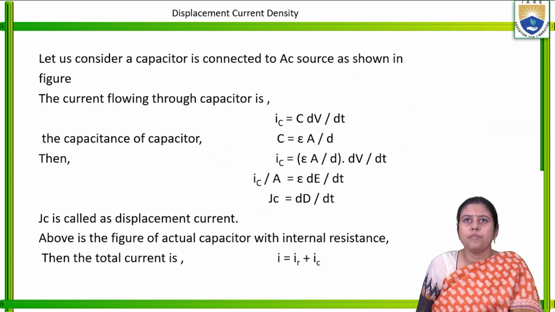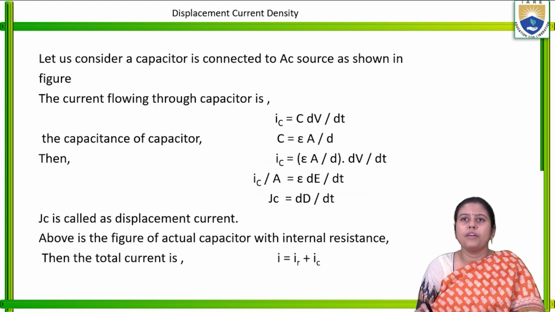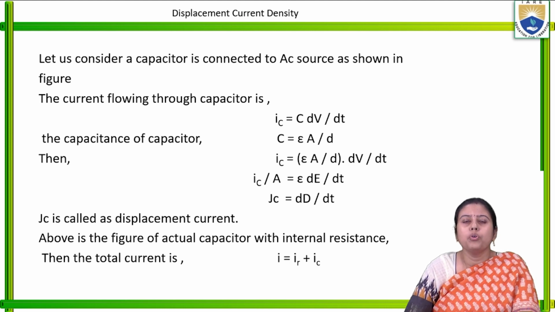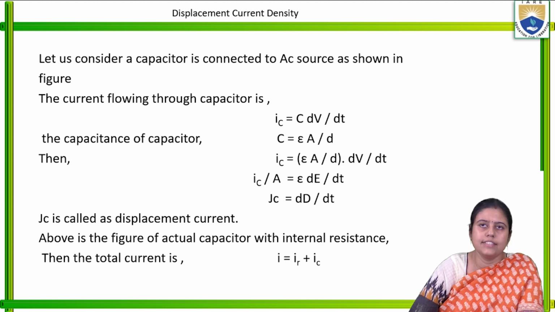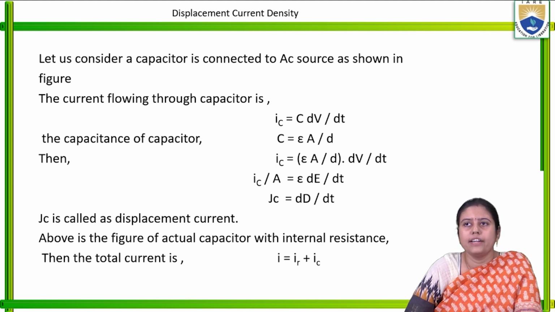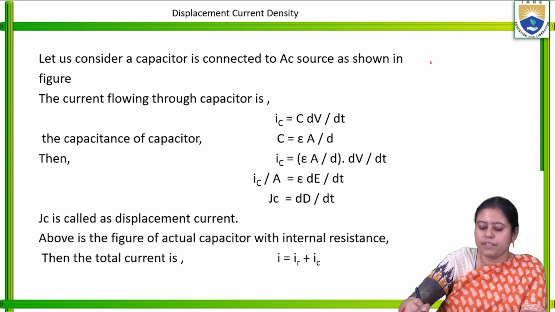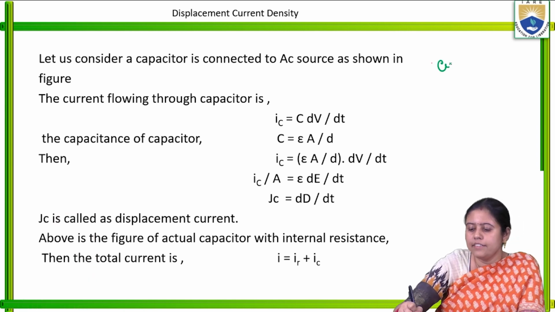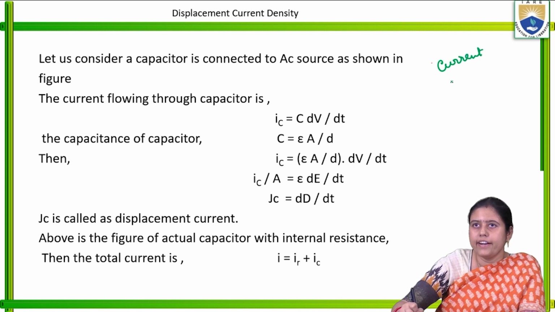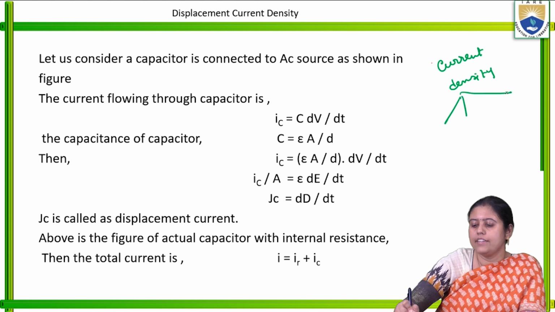Let's move to the problem 2. But before discussing problem 2, we will discuss the current density, displacement current density. What is the meaning of the current density? Current density is basically three types.